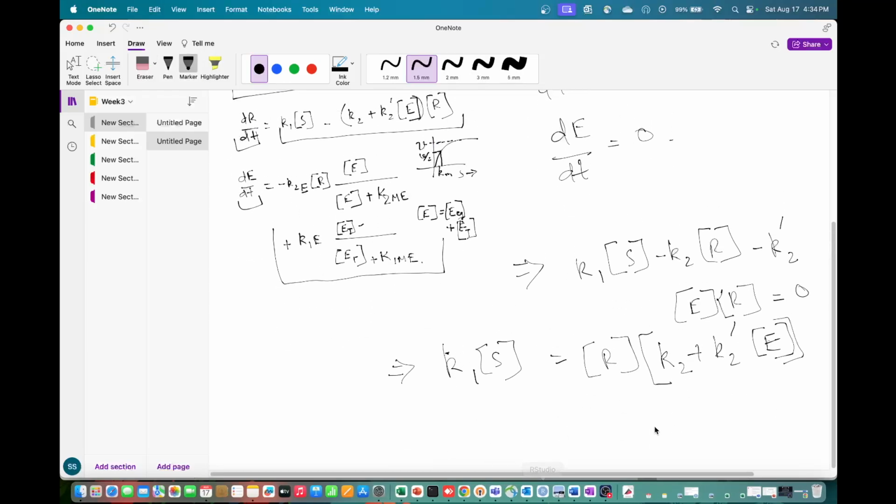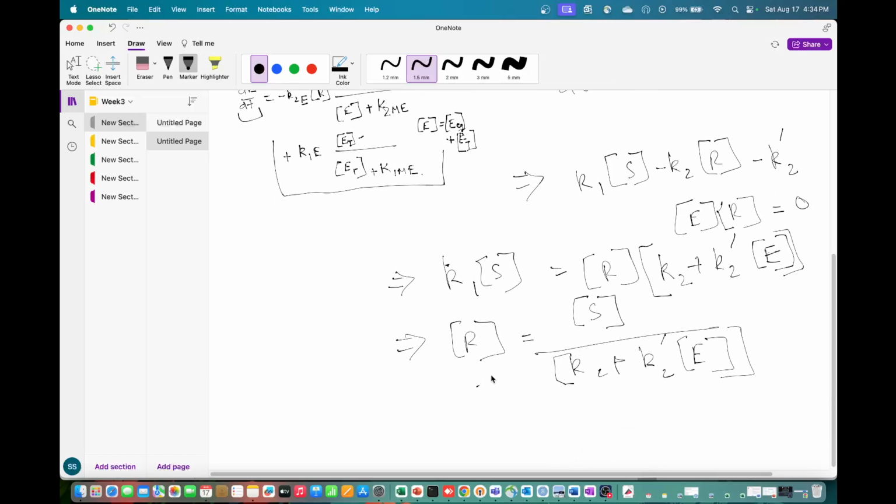Now check for R, what is the value of R? You just divide it. So R will be S divided by k2 plus k2' into E, with k1 as the factor. This is the nullcline for R, right?